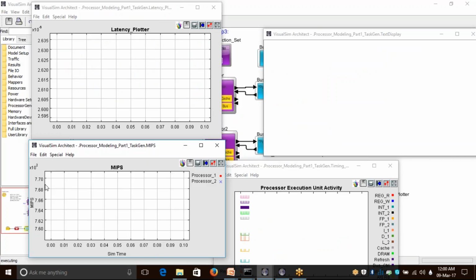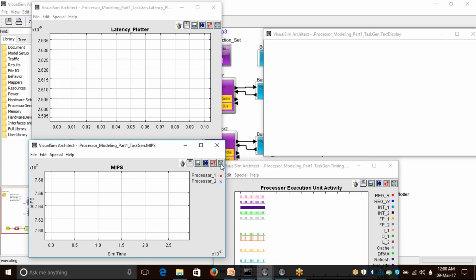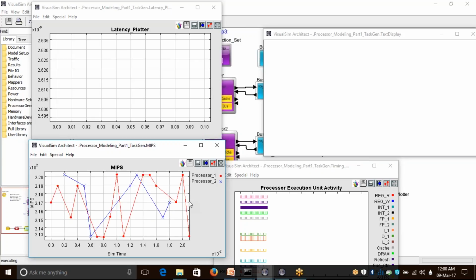Earlier, we saw a maximum MIPS of about 770, whereas now you can see it has dropped down to 220 million instructions per second. There's a huge degradation in the processor performance because I'm running a lot of floating point instructions.